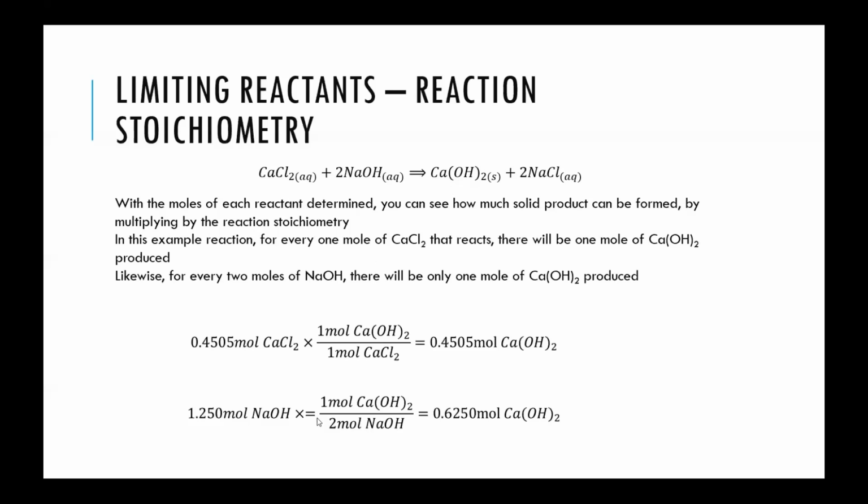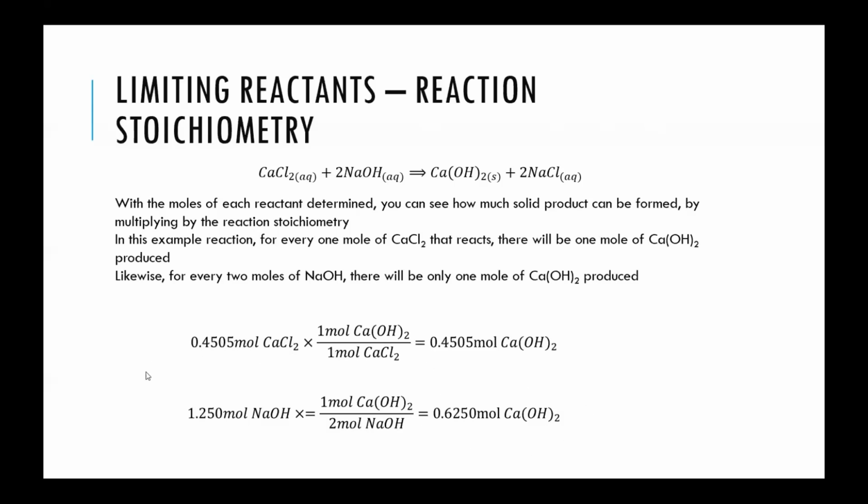So in essence, you're multiplying by the ratio of 1 over 2, or dividing by 2. So if we have a starting number of moles of the sodium hydroxide, 1.250, that will give 1.25 divided by 2, that will give 0.625 moles of calcium hydroxide.